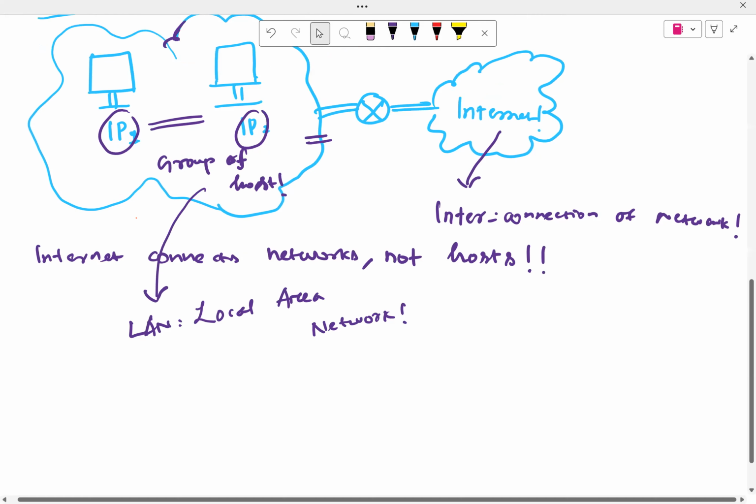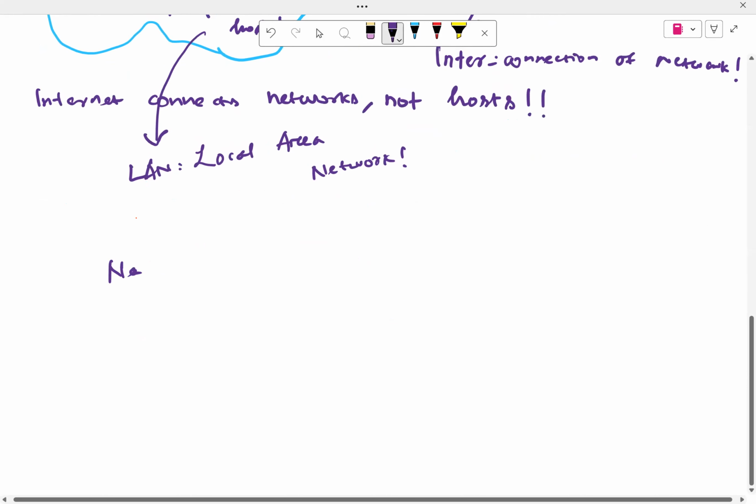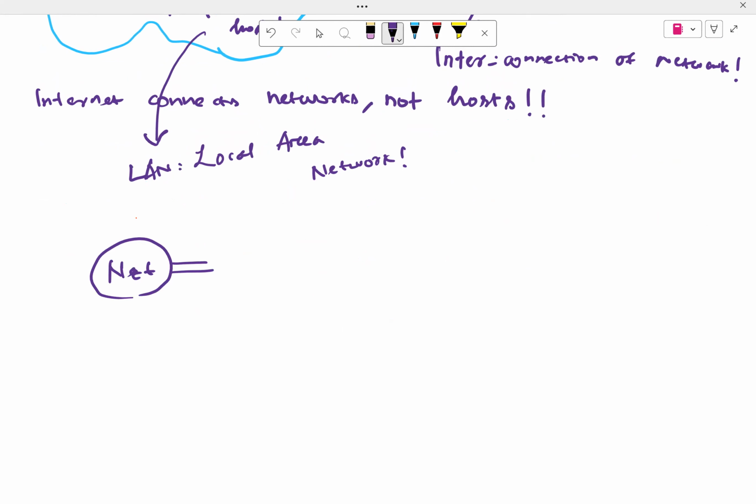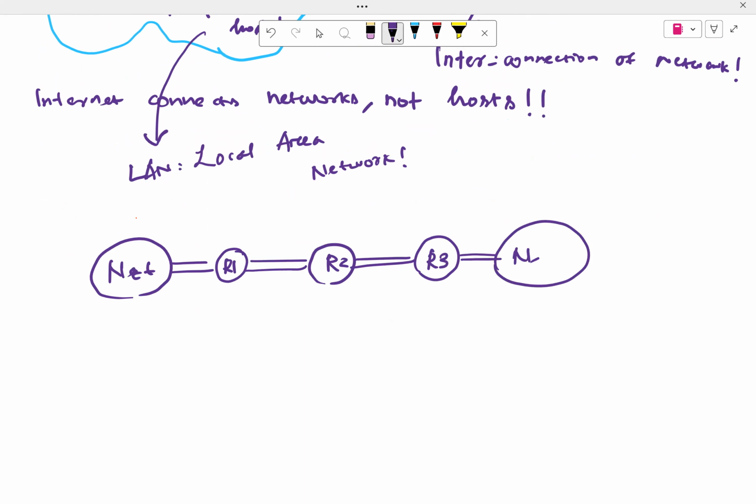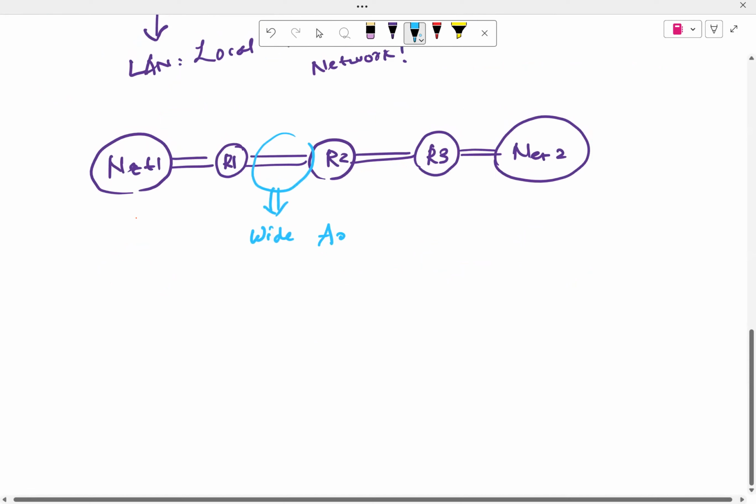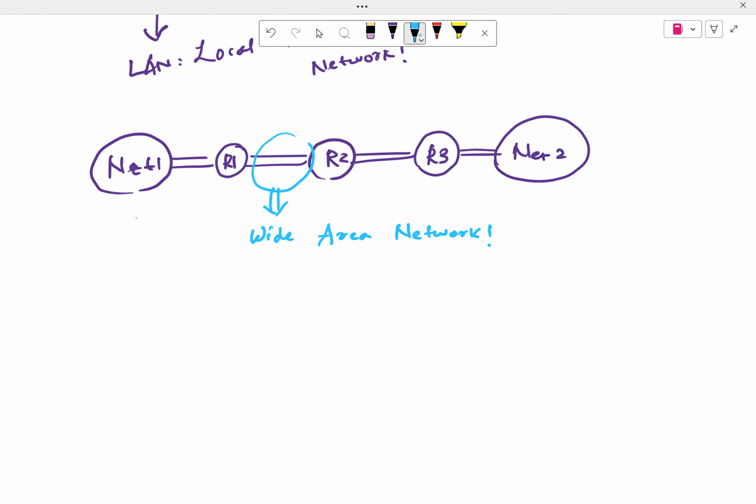If there is a network and there is a router, and there is a router again, and a router 3, and there is another network, we can also call these parts a wide area network, also called WAN.